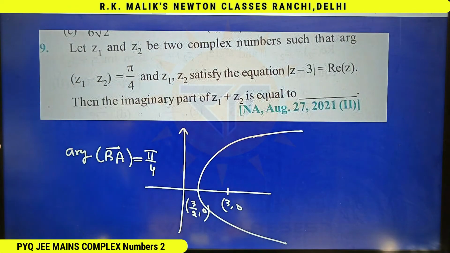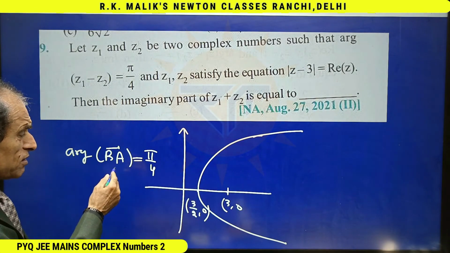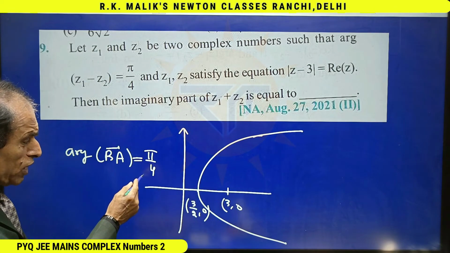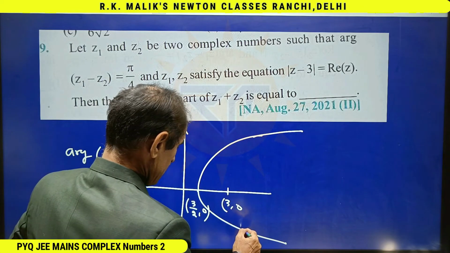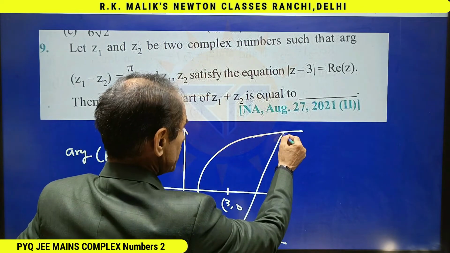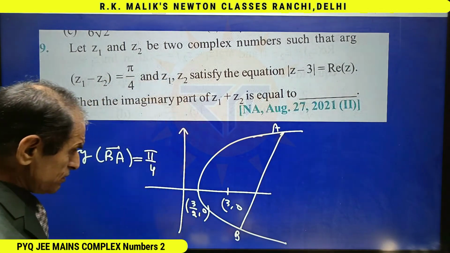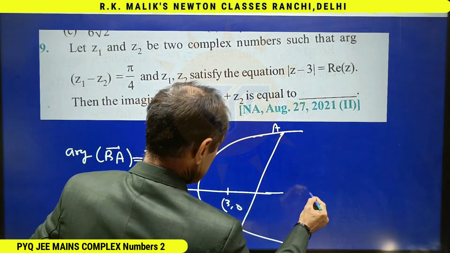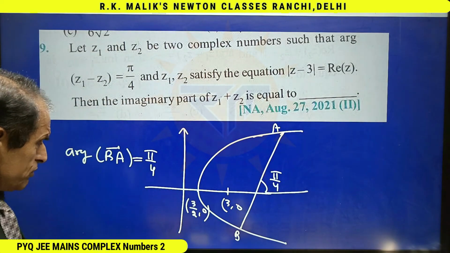That is, B and A are 2 points on the parabola such that the vector BA makes an angle of 45 degrees with the positive direction of x-axis. That is, the figure formed will be somewhere of this type, and this angle will be pi/4.